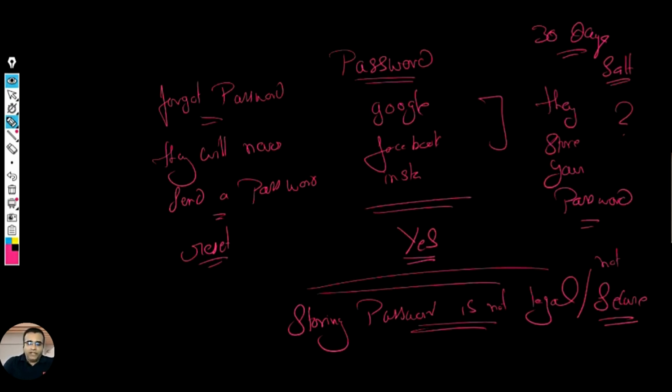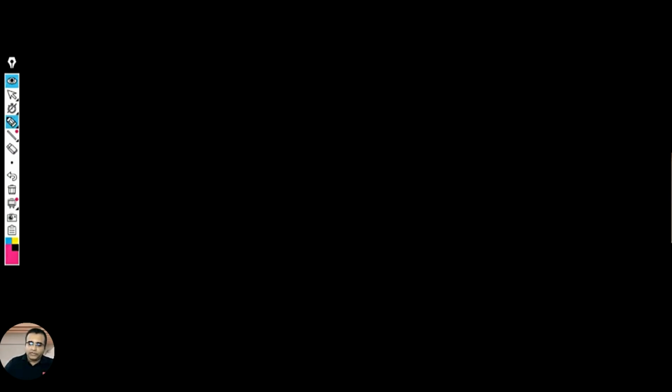So before we can understand all this process, we have to come to a cryptography process called hashing. What do you mean by hashing? Hashing is a one-way encryption, you can say. In a way, it's a one-way process.